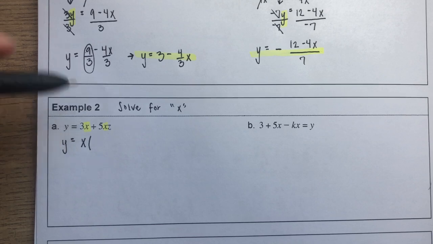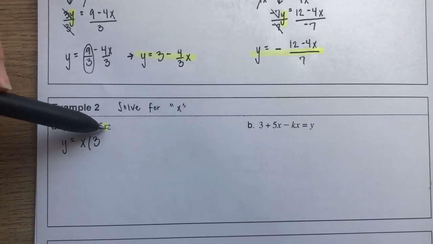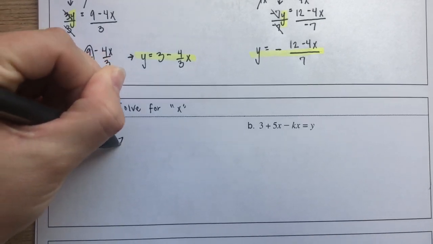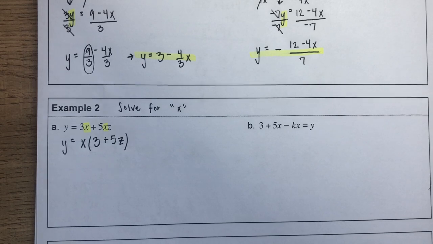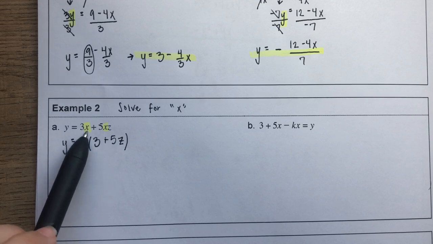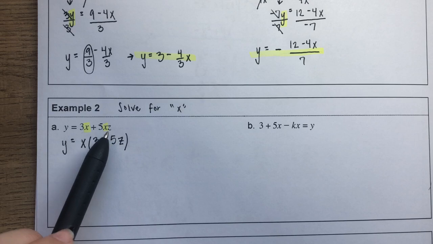It's 3x divided by x, that just leaves me with 3. And then 5xz, if I take that x out, I'm just left with 5z. I did the opposite of distributing, because if I were to distribute this back in, x times 3 would be 3x, and then x times 5z would be 5xz.